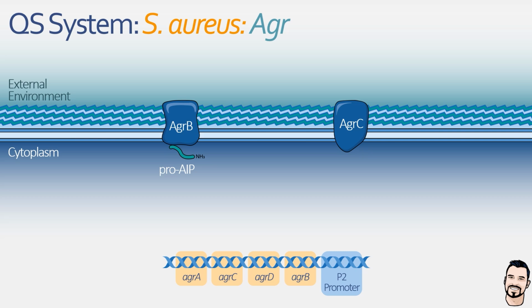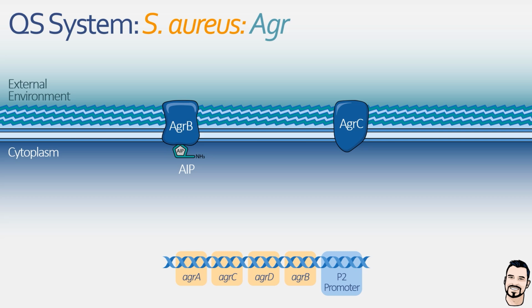Second, AGRB facilitates the cyclization of this peptide, and it does so by forming a thiolactone bond between a central cysteine residue and the newly freed carboxyl terminus, creating a stable ring structure. Now, this circularization process is crucial because it confers bioactivity to the molecule, and so at this point it is officially recognized as a fully functional autoinducing peptide capable of participating in quorum sensing.